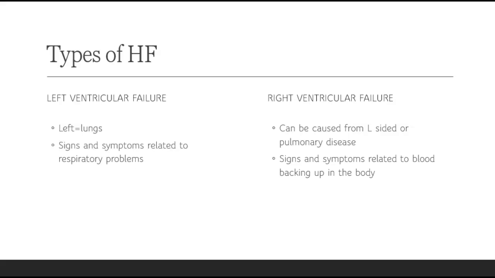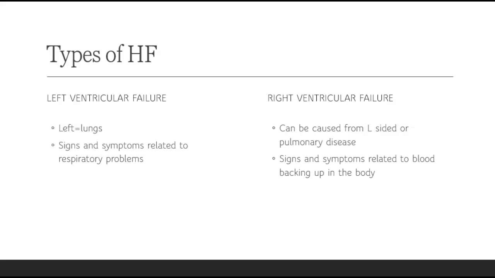So this blood in the left ventricle is not getting pushed out because it's not pumping enough. So basically it's going to back up into the left atrium and then finally back up into the lungs. So they're going to develop lung congestion. So you can remember left ventricular failure, lungs, left lungs.